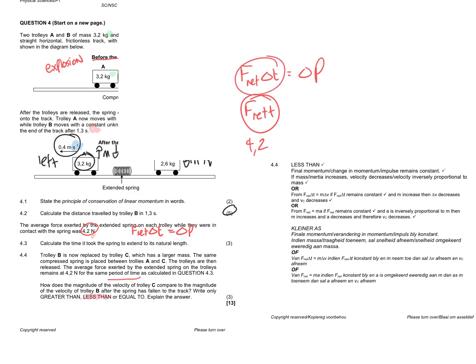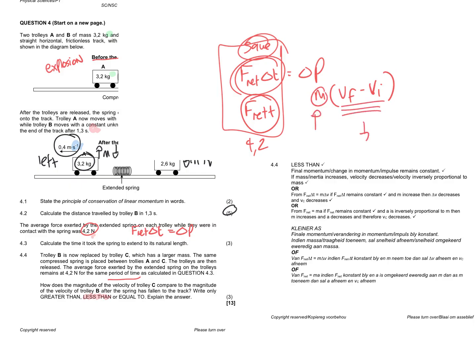So all of this stuff is exactly the same. All of that stuff is the same. And this part here will be VF minus VI. All of these numbers are the same. Everything on the left-hand side is the same. The mass has gotten bigger. So the V part must get smaller. They are on the same side of the equal sign, so they are inversely proportional. And so if the mass got bigger, the velocity must get smaller. The initial velocity is still 0, so that doesn't make a difference.